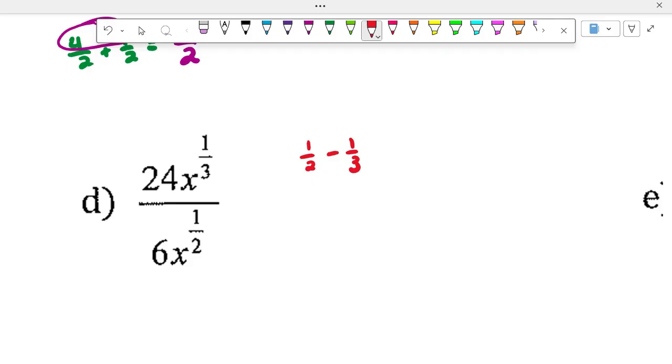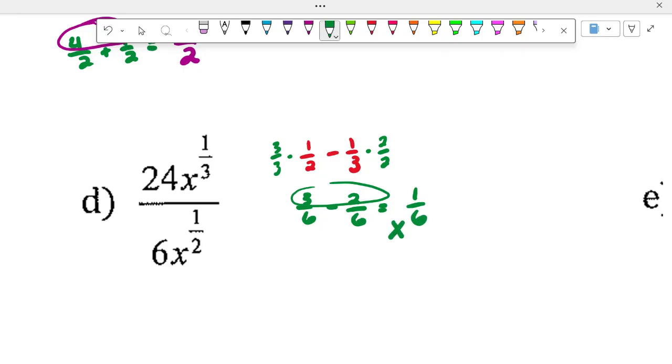What number can be divided by both 2 and 3? 6. So I gotta multiply this one by 3, this one by 2. So this would be 3 over 6 minus 2 over 6, which is what? So you just subtract the numerators. 1/6.